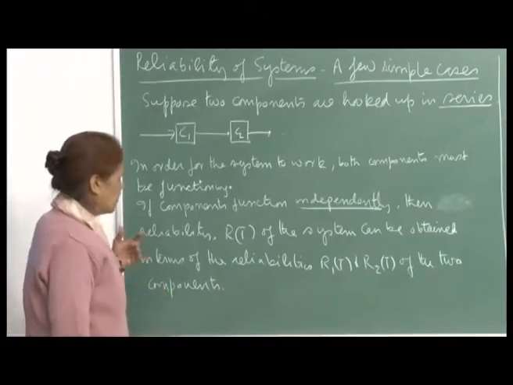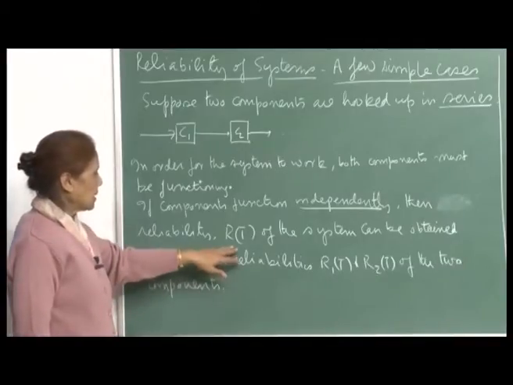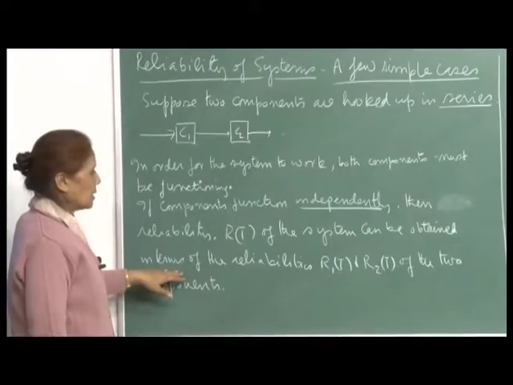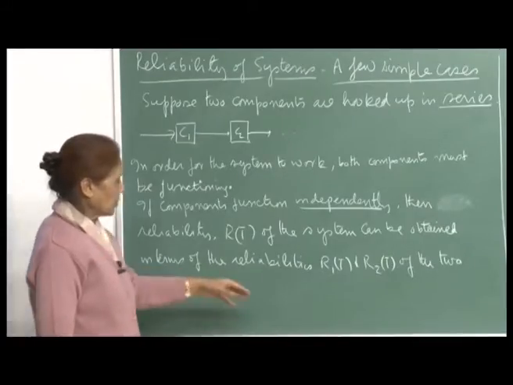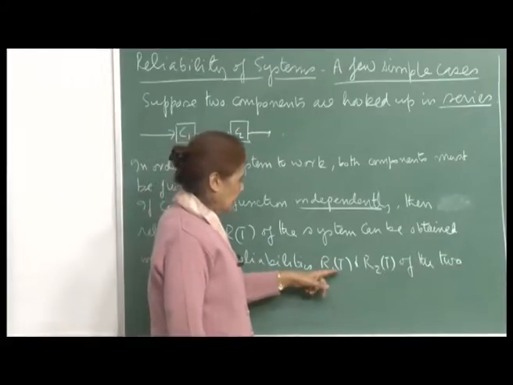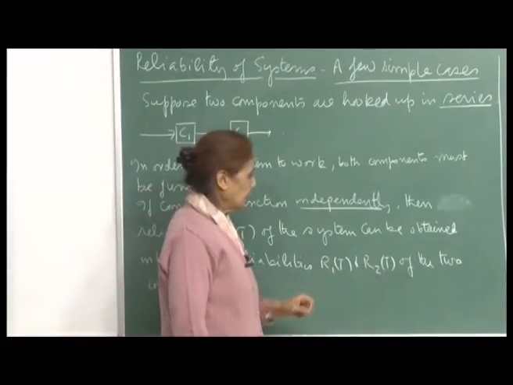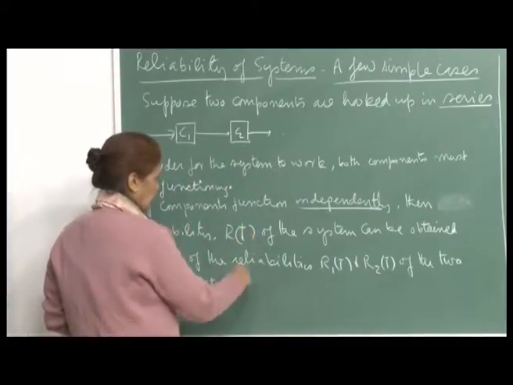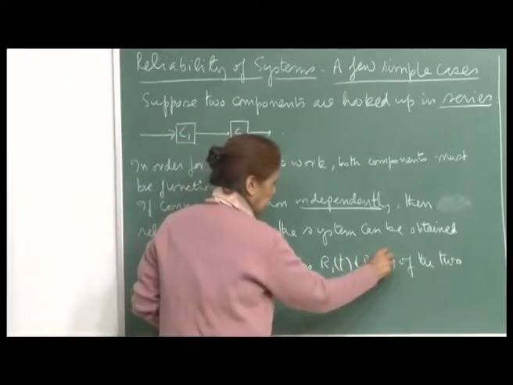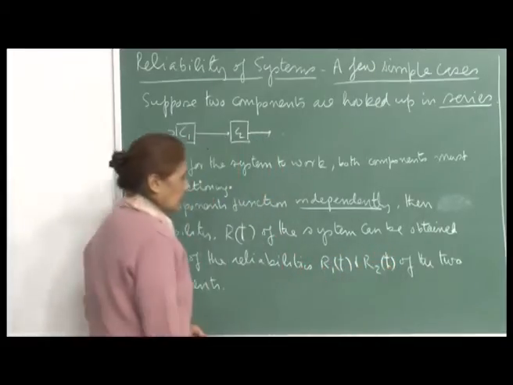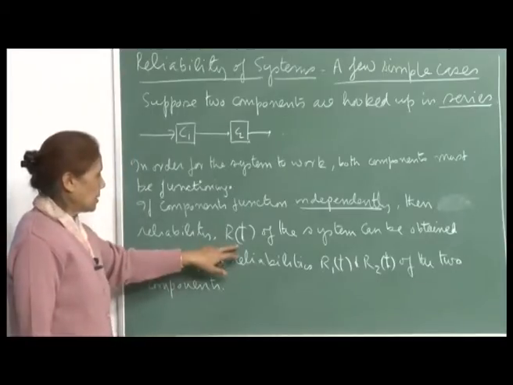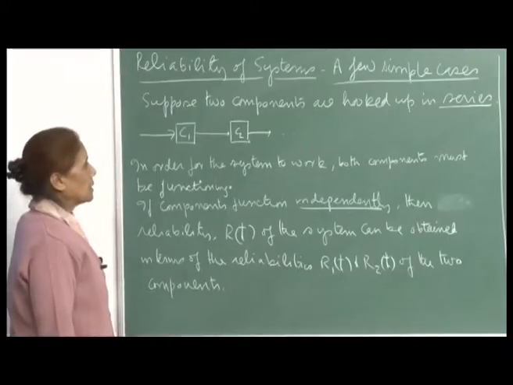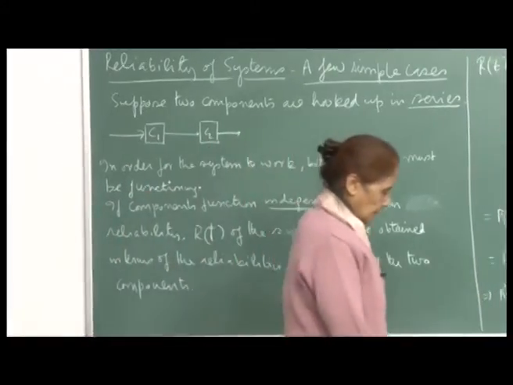If they are functioning independently, then the reliability R(t) of the system can be obtained in terms of the reliabilities R1(t) and R2(t) of the two components, the first component and the second component. This is a simple computation.